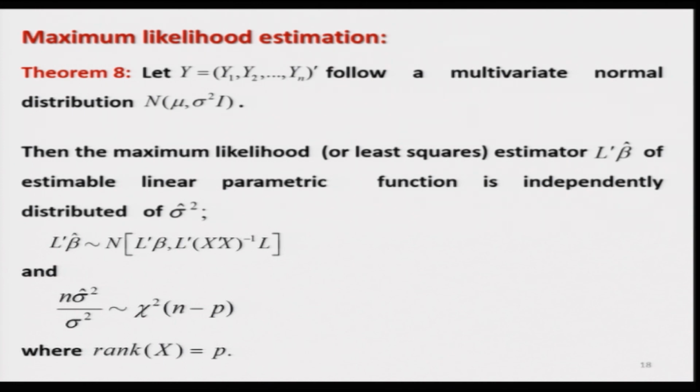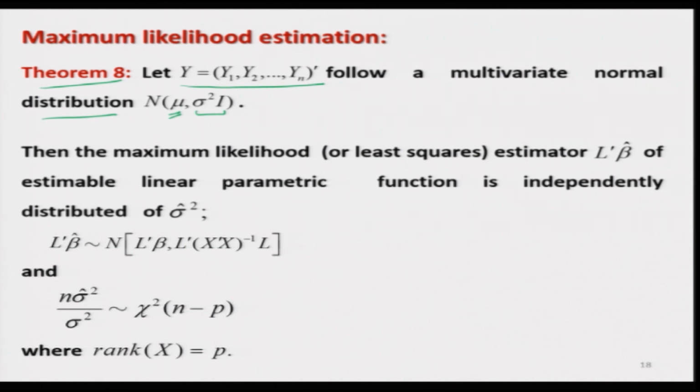So, this result is in the form of theorem 8, and here we assume that y is a random vector of random variables y 1, y 2, y n following a multivariate normal distribution with mean vector mu and covariance matrix sigma square I. So, I am assuming that they are independent.